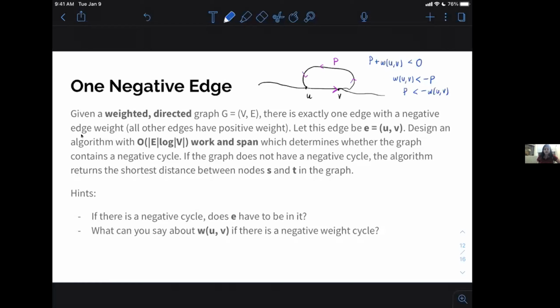Cool. Okay, so then what could you do? So I guess figure out if this is true. Remember that this bound is O of m log n, right? And there's only one negative edge.